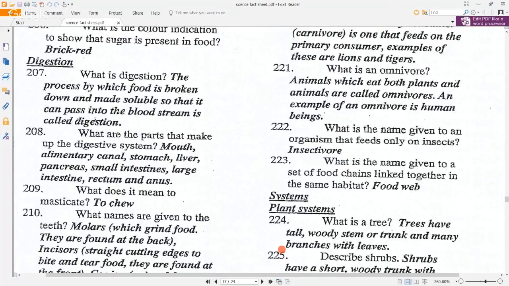An example of an omnivore is a human being. So you will have a piece of chicken, animal, but you will also eat with that some lettuce, plant. So eating both, omnivore.